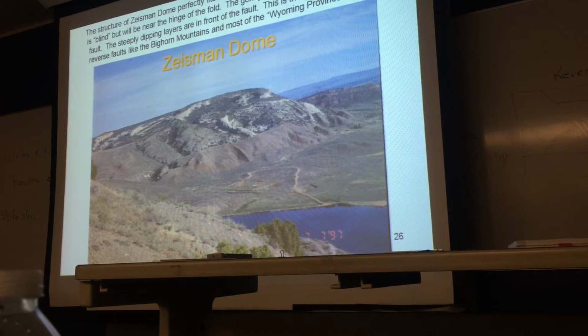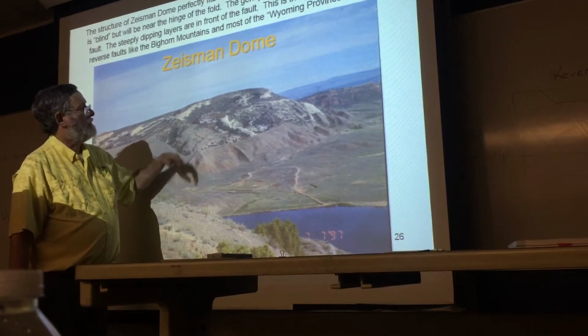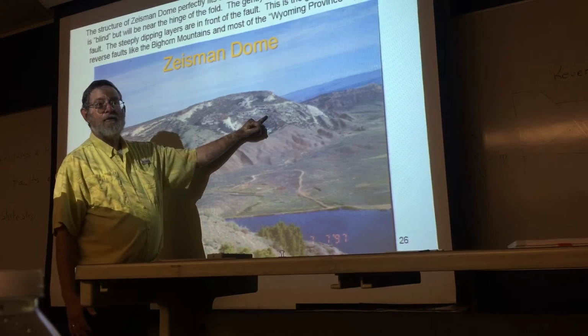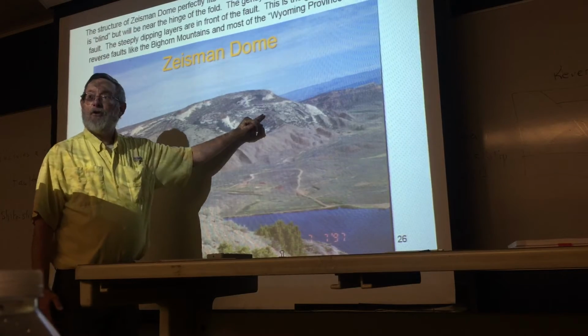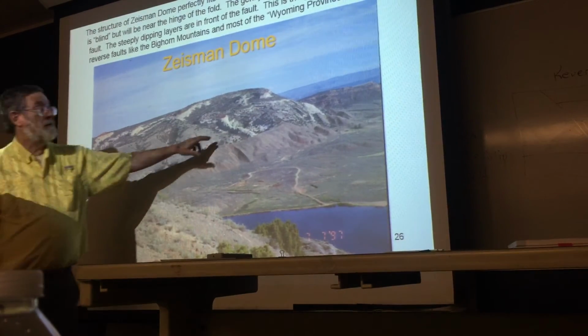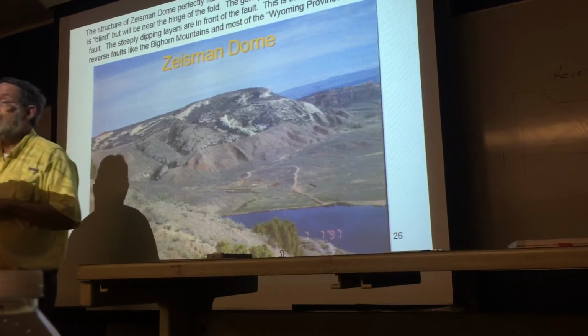Now this is Zeisman Dome. There is a reverse fault that cuts up right through there. But if you don't go put your feet on it, it's hard to recognize. This develops as a fault propagation fold.